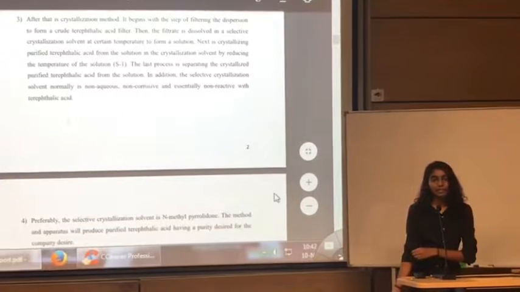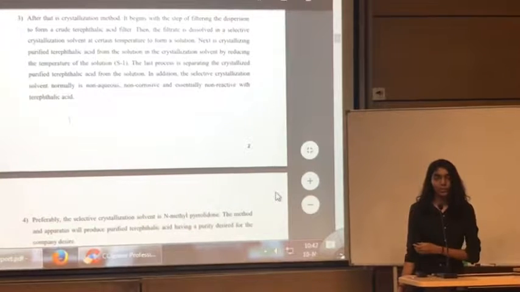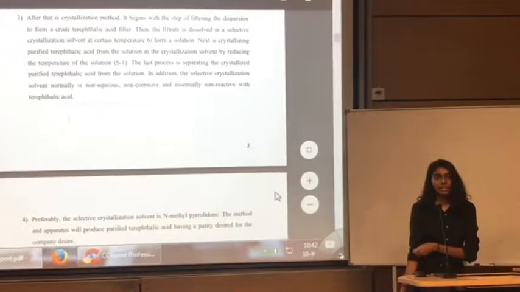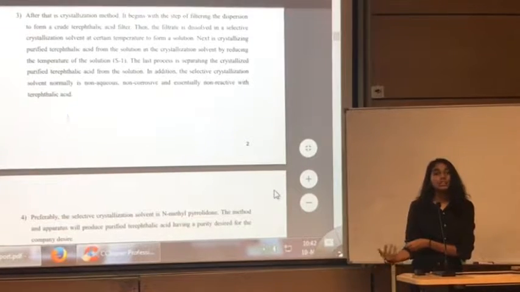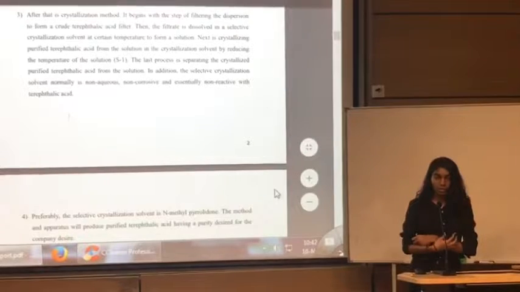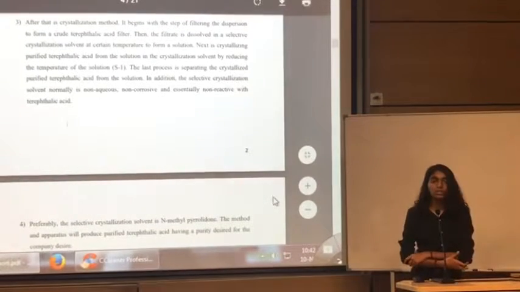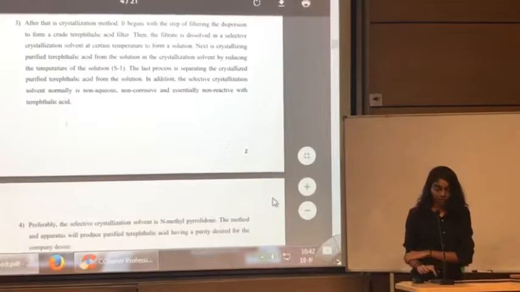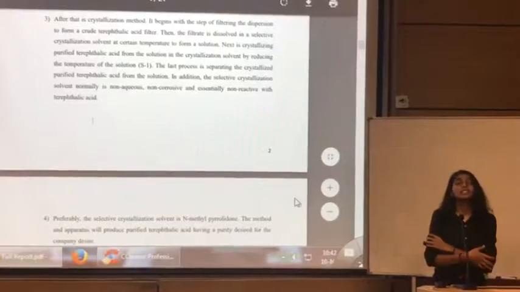This CTA filter cake is then combined with the crystallization solvent at a certain temperature to form a solution. The PTA is then crystallized by reducing the temperature together with the solvent. The last process is separating the crystallized PTA from the solution. The selective crystallization solvent is preferred to be non-aqueous, non-corrosive, and non-reactive with the TA. We have proposed N-methyl pyrrolidone as the solvent.